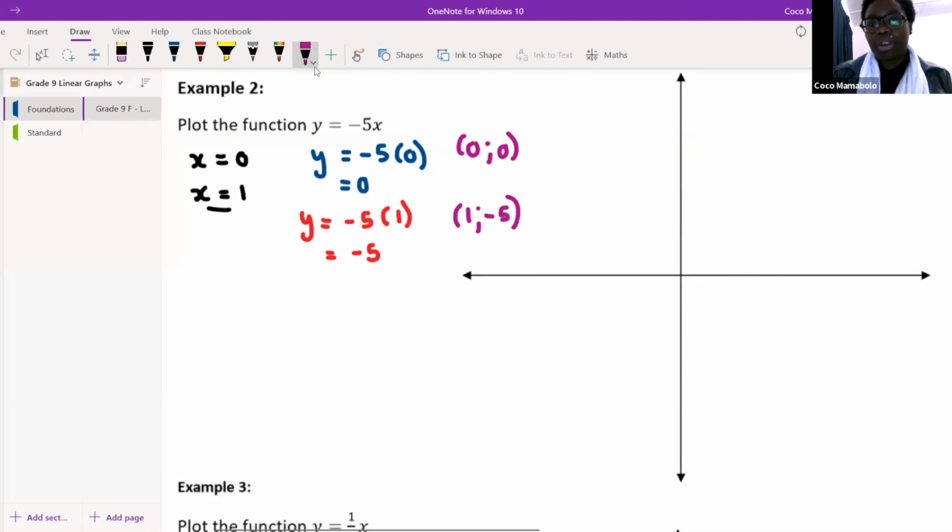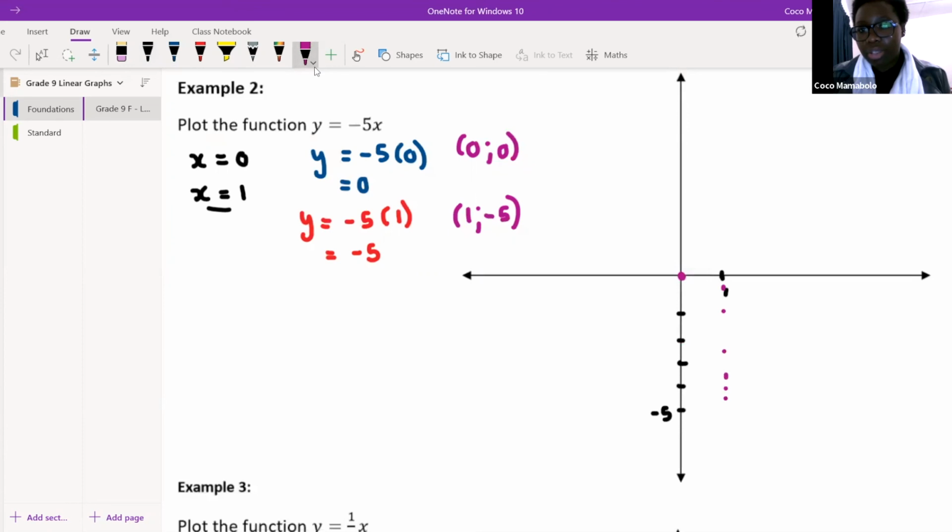And then I'm going to go to my graph and I'm going to look for 0, 0. I'm going to put my point down, and then I'm going to go to my graph and find where x is equal to 1. Okay, oh, let me draw that in black actually. There. X is equal to 1 over there, and then I'm going to count 1, 2, 3, 4, 5. Okay, and that is -5 over there. And then I'm going to see where they meet.